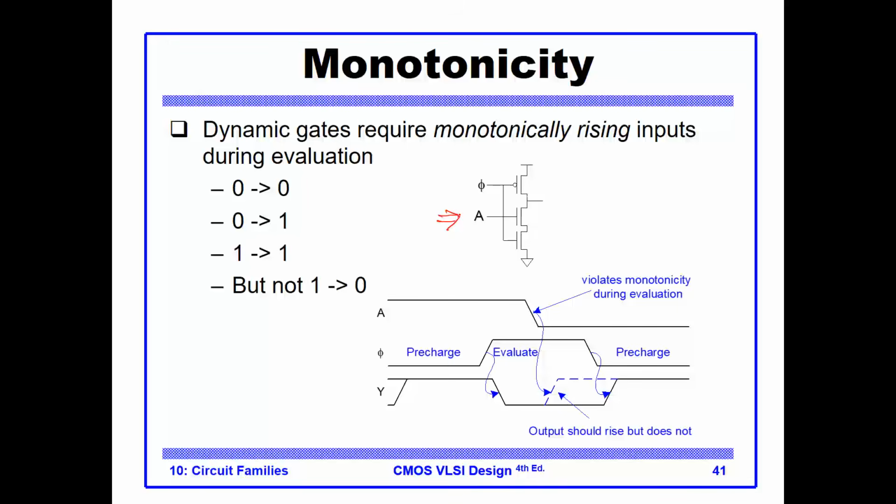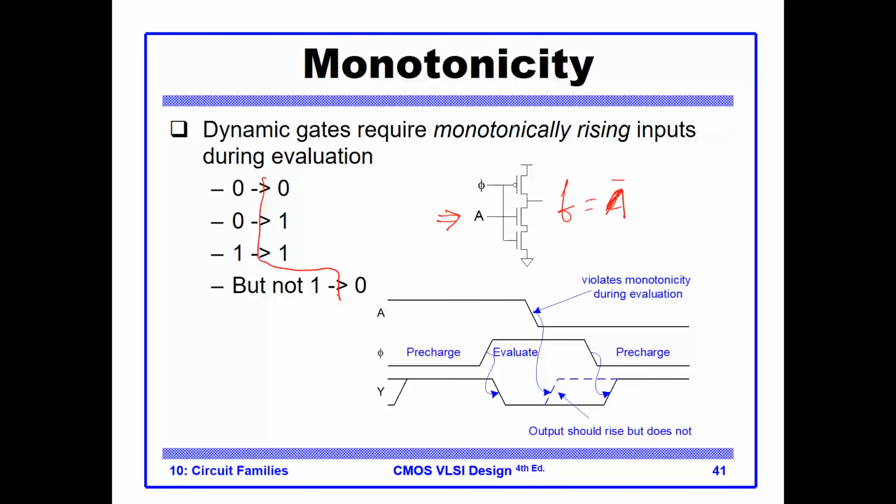Here we are implementing an inverter where the output will equal A prime. But we have to be careful of the transition of the input A. Basically, consider that A equals 0 and remains equal. Now notice that this arrow means when the clock changes from pre-charge to evaluate.